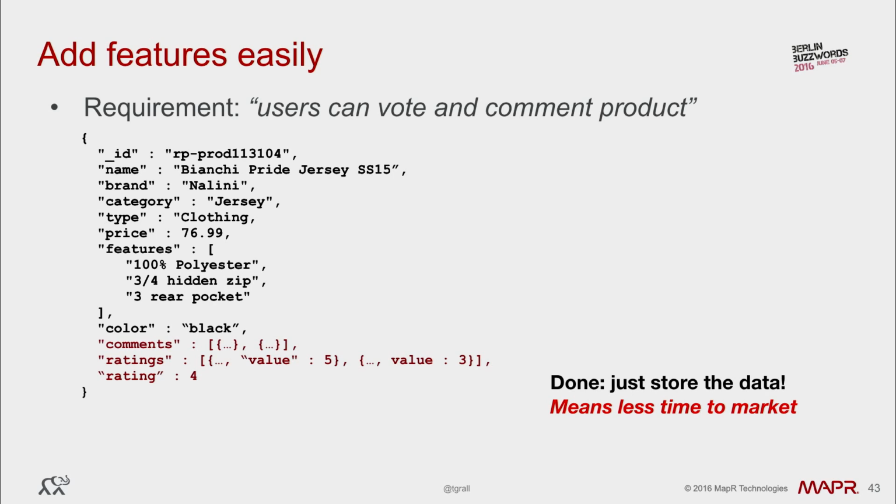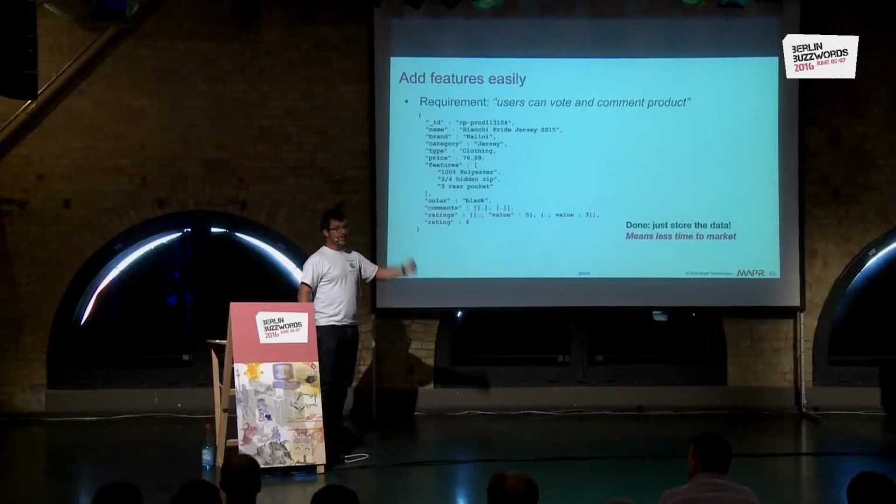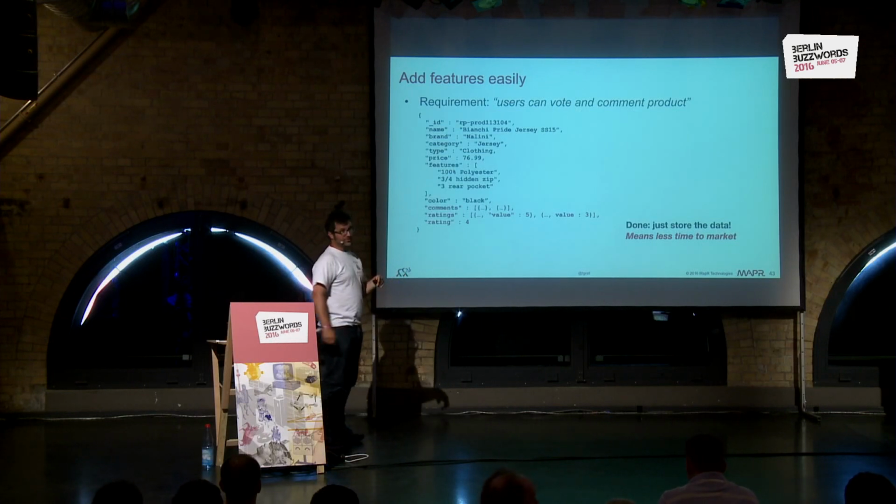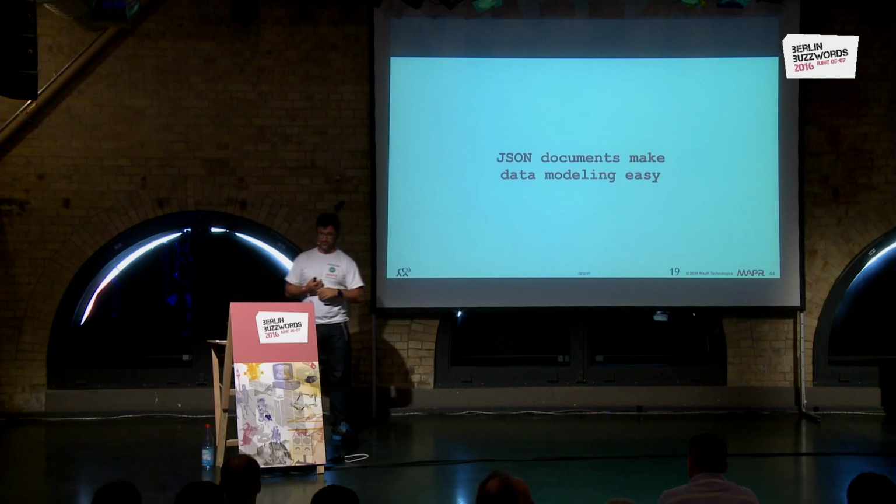And if this jersey is the only product that has comments and rating today, all the other products in your database won't have these attributes, and it's okay. It's efficient in terms of storage, it's efficient in terms of development, because it makes the application update, so the time to market, very quick to adapt to change and to business requirements.